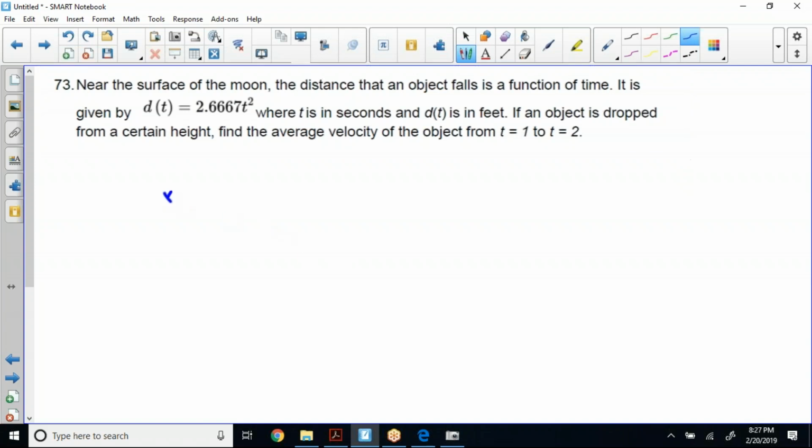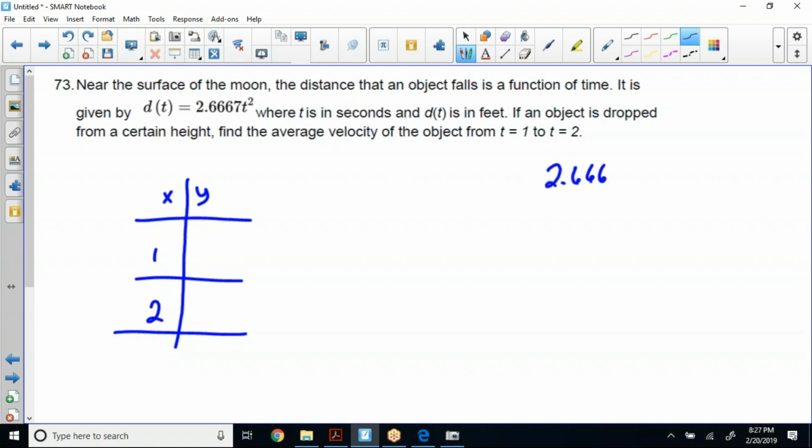So basically what we're doing is creating a t-table of 1 and 2, right? The x's are 1 and 2. So what I'm going to do is 2.6667 times 1 squared, and that's going to give me 2.667.